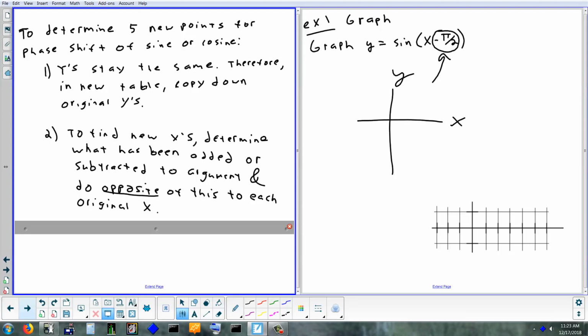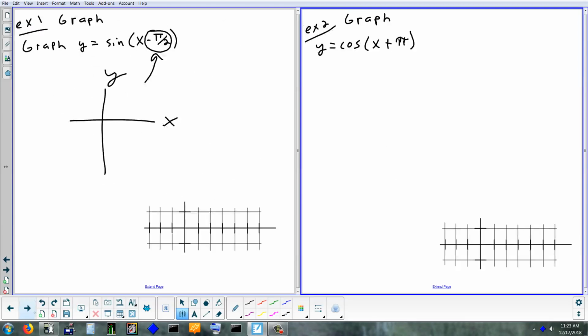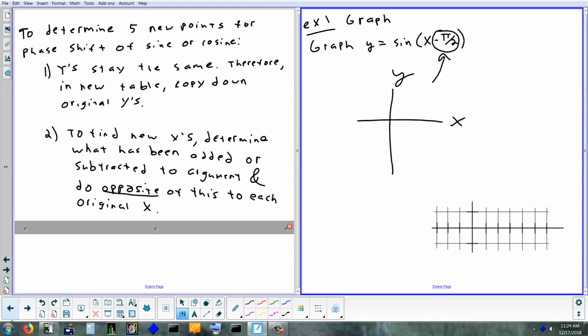You look at what's been added or subtracted, and you do the opposite of that to every x value. So here, plus pi over 2. When I go through this one, I'm going to minus pi from all the x's. When I do this one, I'm going to minus pi over 4 from all the x's. Any questions on the 2 steps before we do some examples?